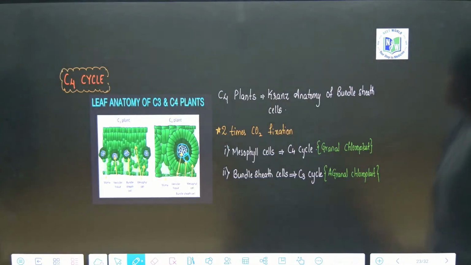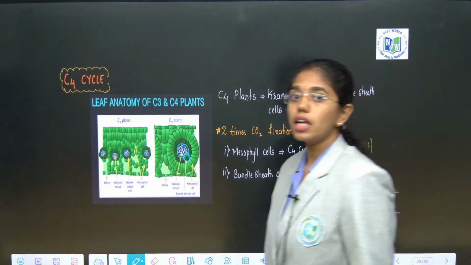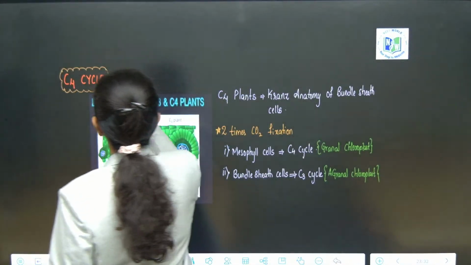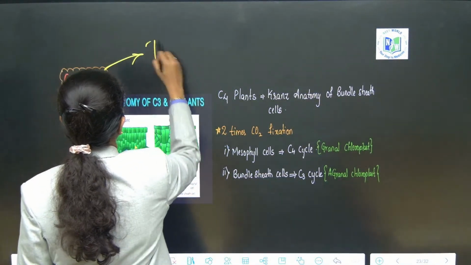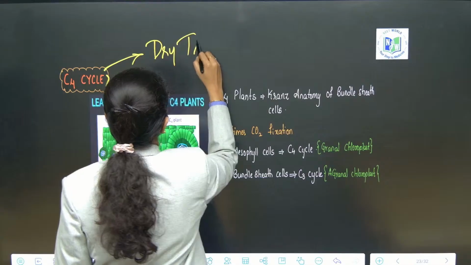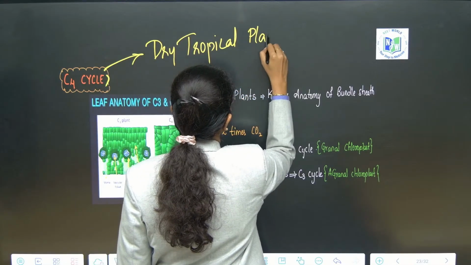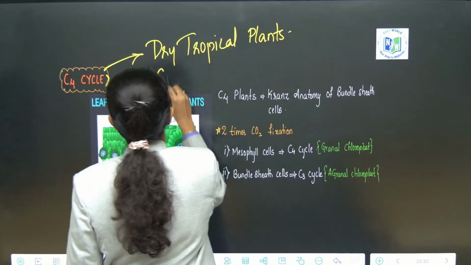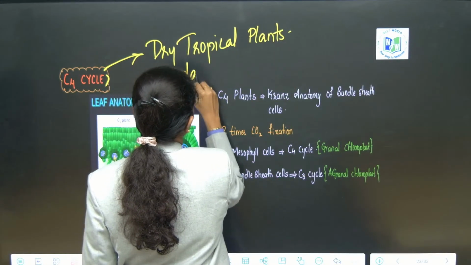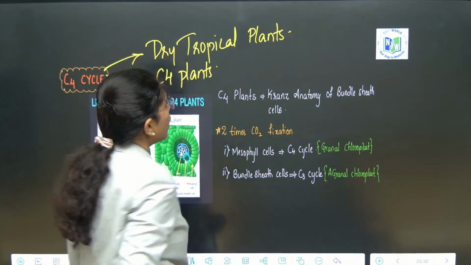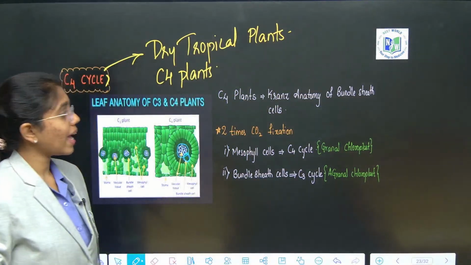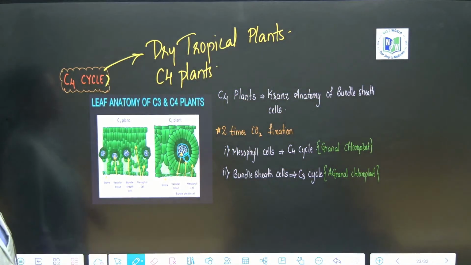Now we look at the C4 cycle. The C4 cycle operates only in dry tropical plants, which are C4 plants. Here you see C4 plants have Kranz anatomy of bundle sheath cells.